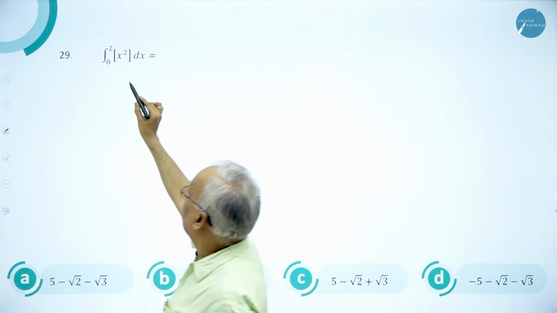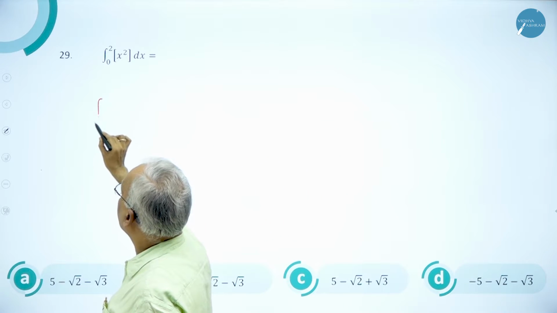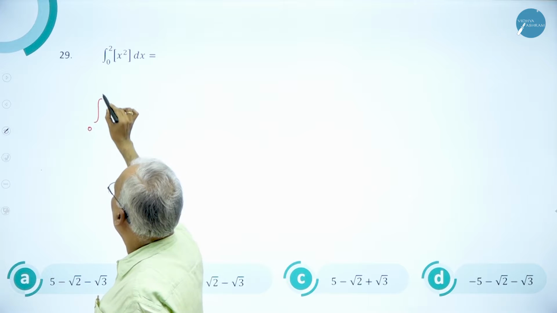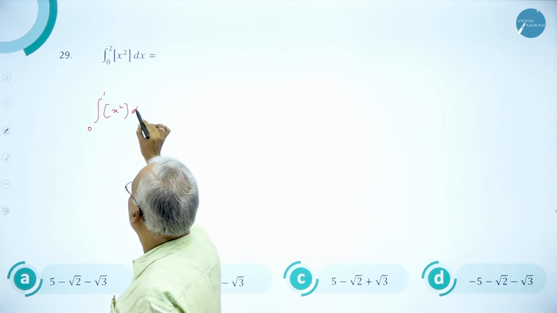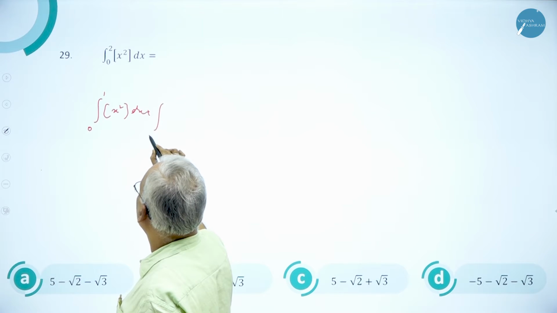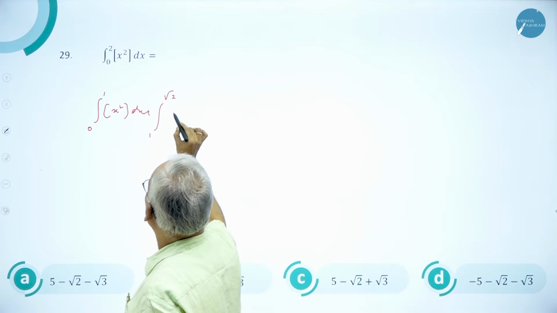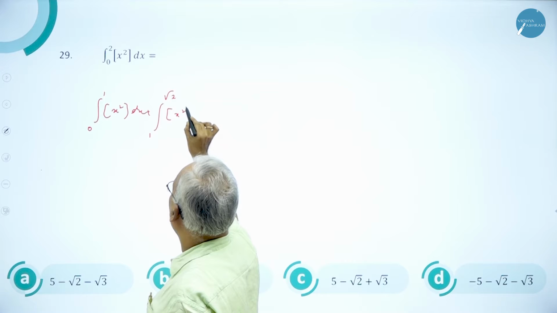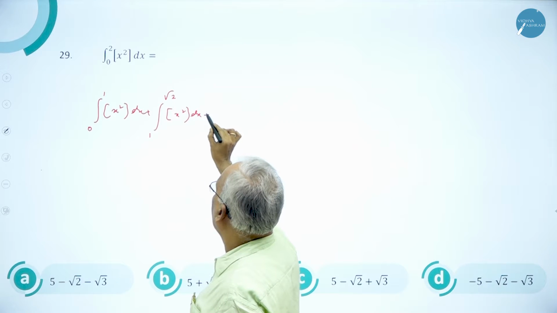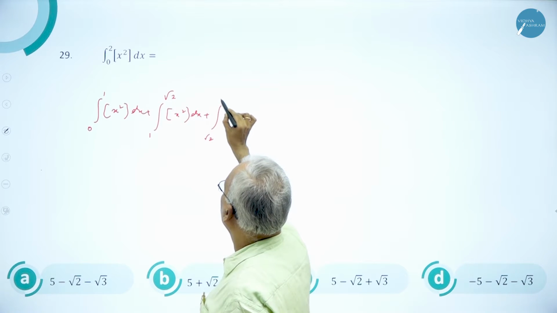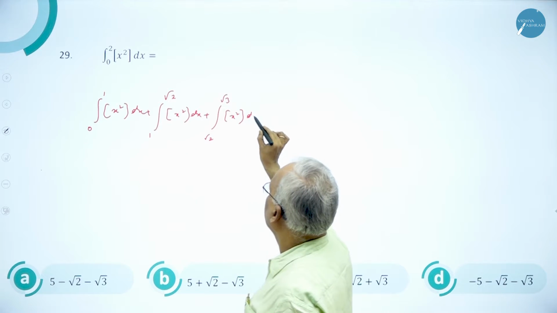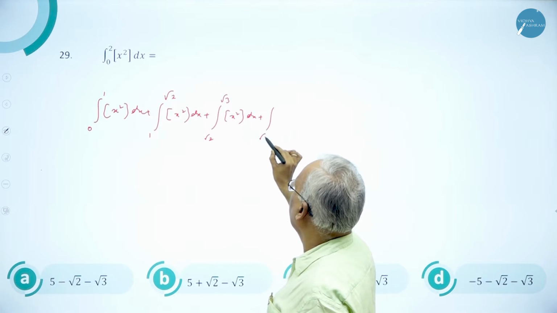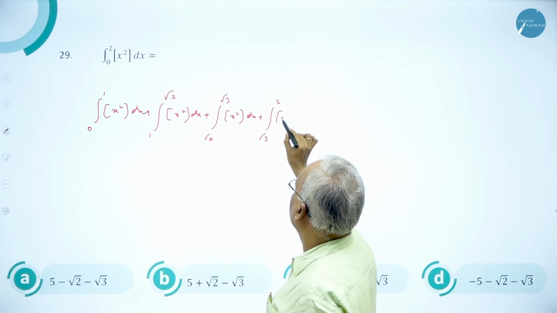Okay. So this can be written as integral 0 to 1 greatest integer x squared plus integral 1 to root 2 greatest integer x squared plus integral root 2 to root 3 greatest integer x squared dx plus integral root 3 to 2 greatest integer x squared.